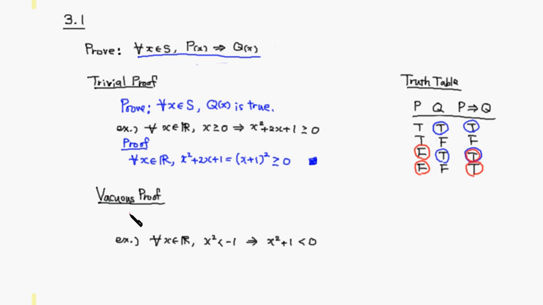For vacuous proof, what we do is we try to prove that for all x in S, the hypothesis P of x is actually false.